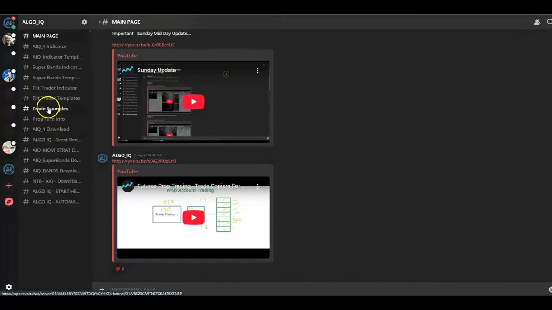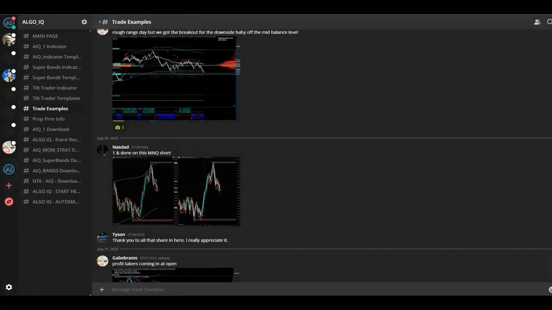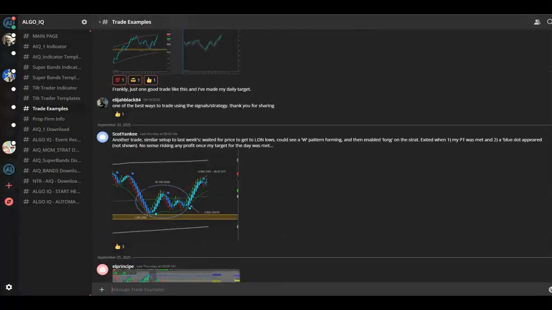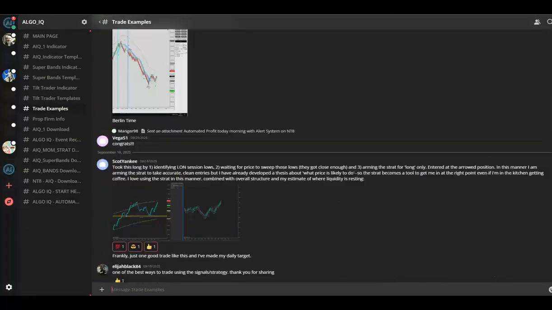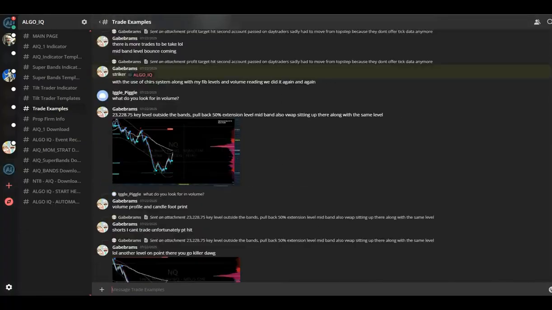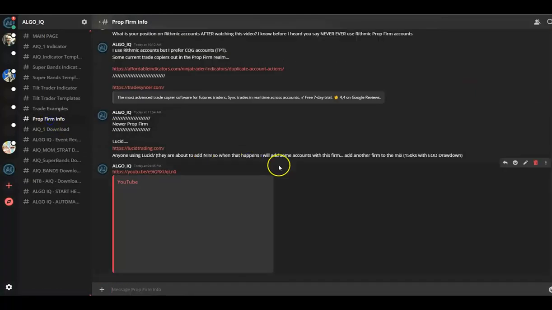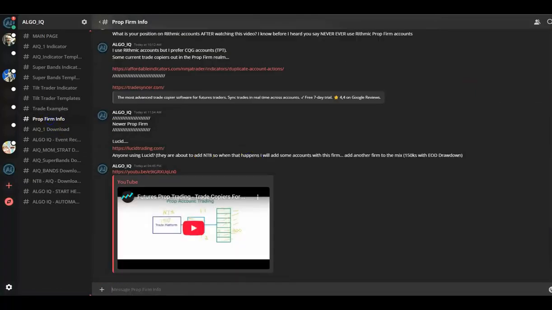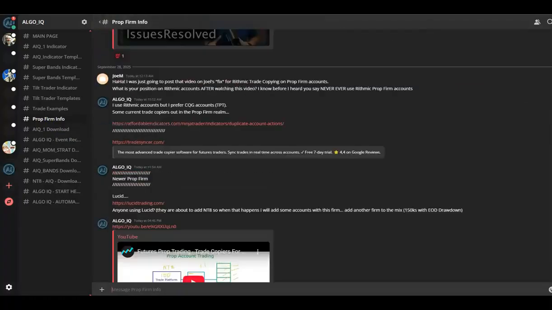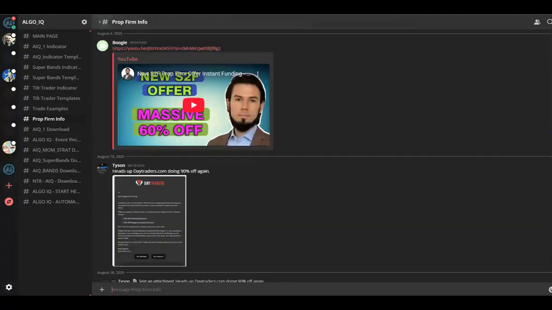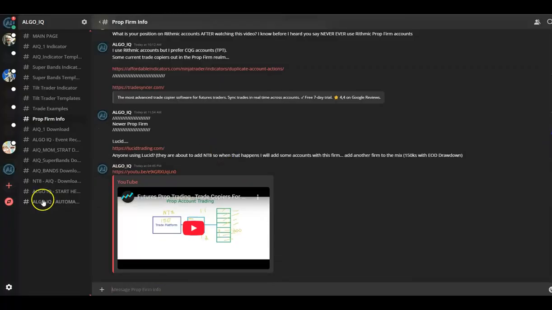We have trade examples room where traders are sharing what they're trading there. I've noticed some guys are really killing it in gold lately, and just all kinds of sharing going on there. Really good prop firm section. Some of our guys work with some of these firms and put out timely info and so on. So we have a lot of good information.